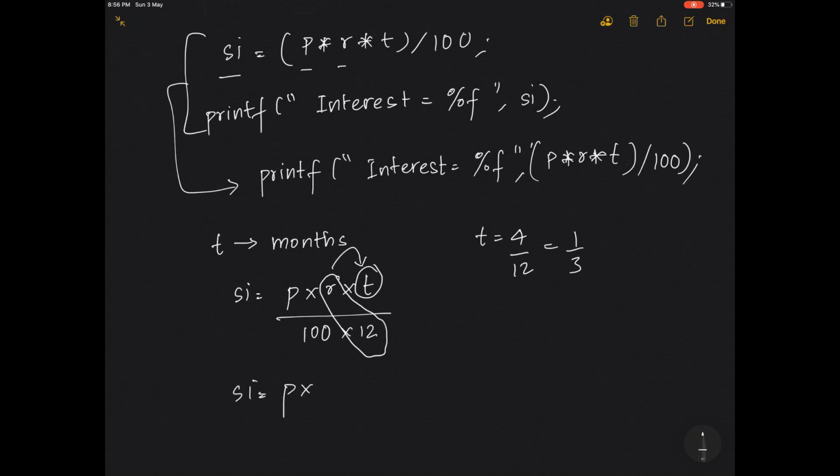Or this formula can be P into R into T by 100 into 12, where the rate remains per year, you divide the time by 12 so that you find the fraction of it in years, and then you multiply it by R. So this will help you to find out the simple interest.